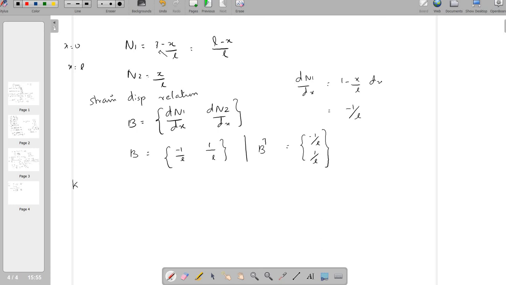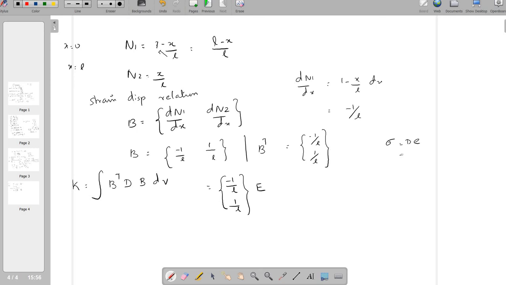Now we have the relation for the stiffness matrix, the integral of B transpose D B over the volume dV. Substitute B transpose as minus 1 by L, 1 by L. D is nothing but Young's modulus, the relation between the stress and the strain.